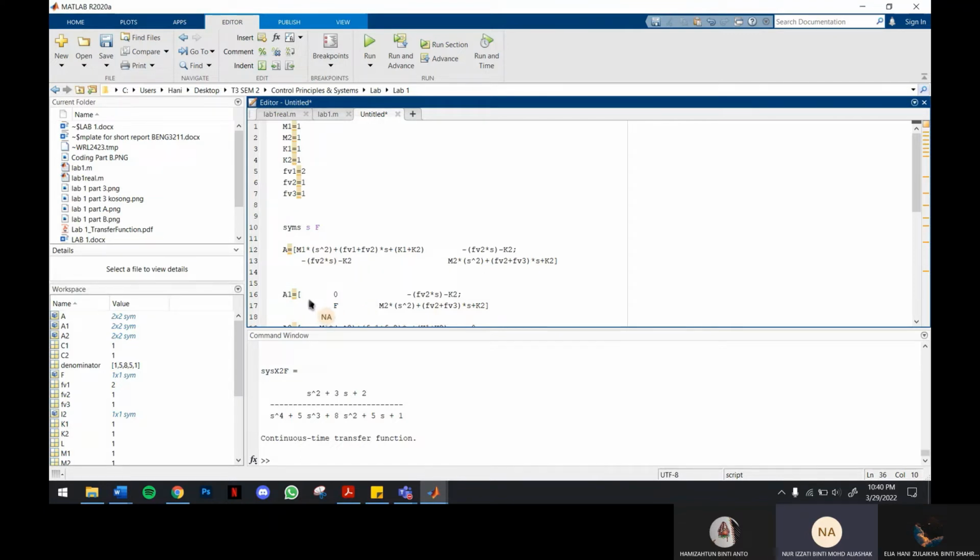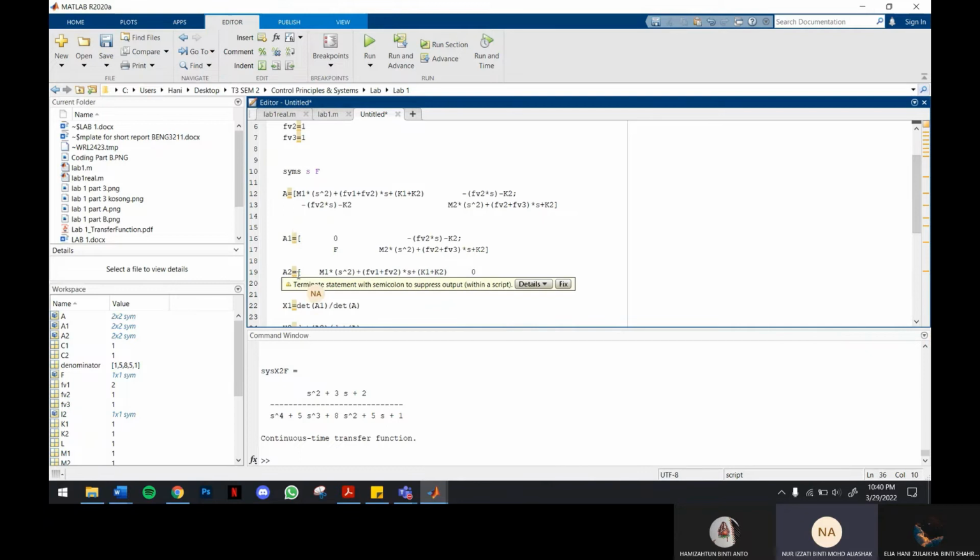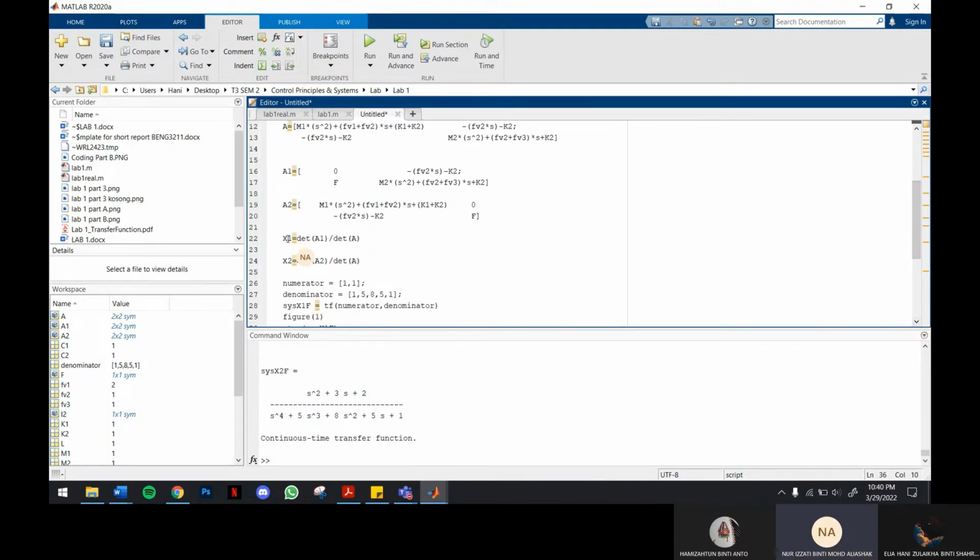For A1, we replace the first column with 0 and F, while the second column is the same as the previous. For A2, we replace the second column with 0 and F, while the first column is the same as A. Then we find the equation for x1.